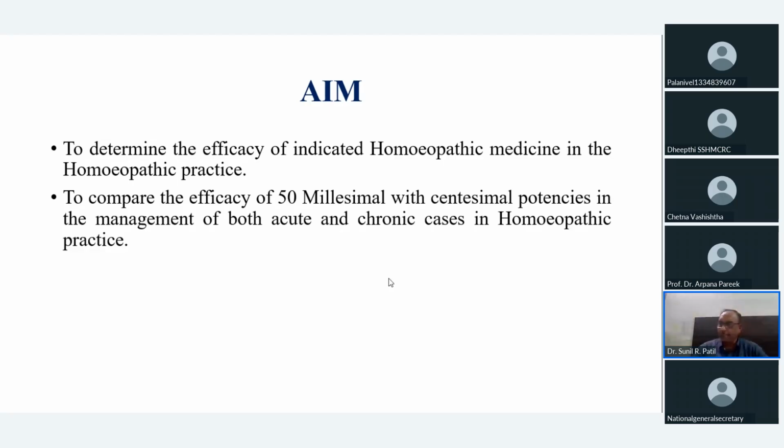This is our first aim. And to compare the efficacy of the LM scale with the centesimal potency in the management of both acute and chronic cases of homeopathic practice. This is our aim for the LM potency.